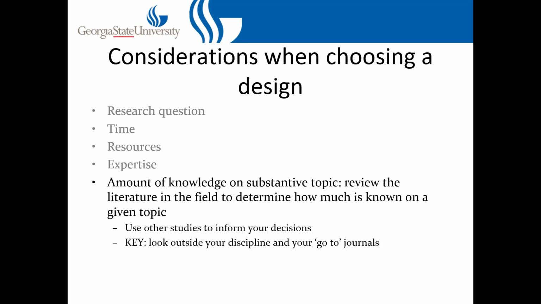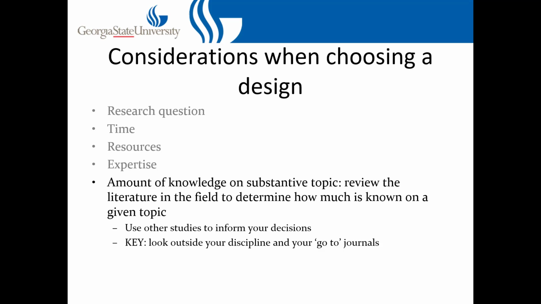So as a sociologist, we have journals like the American Journal of Sociology, American Sociological Review, and different really high-level journals. Well, I often find that I get the best ideas about designing my study within my field, but I also get really great ideas outside of my field.